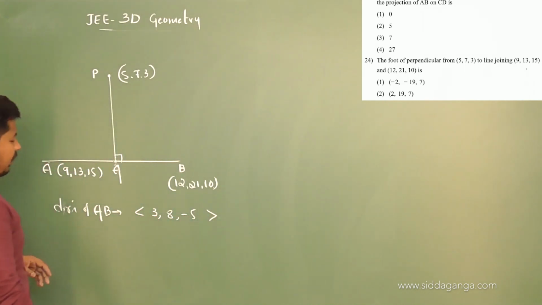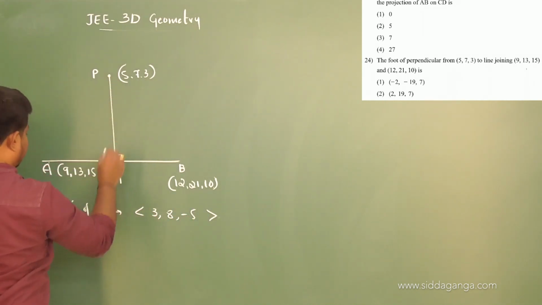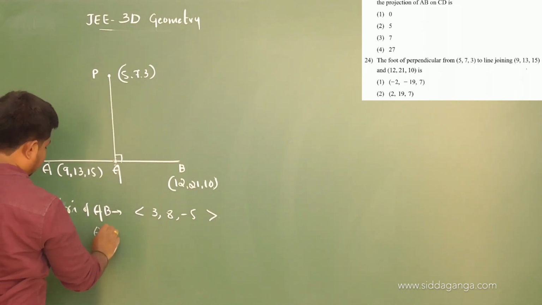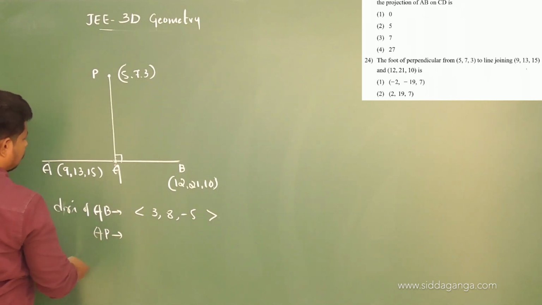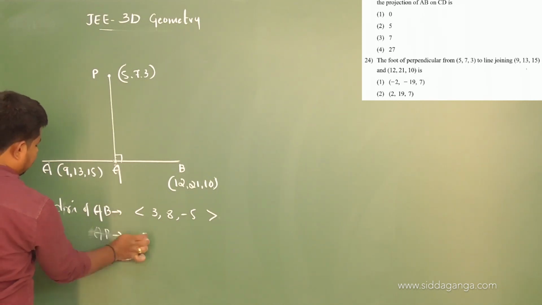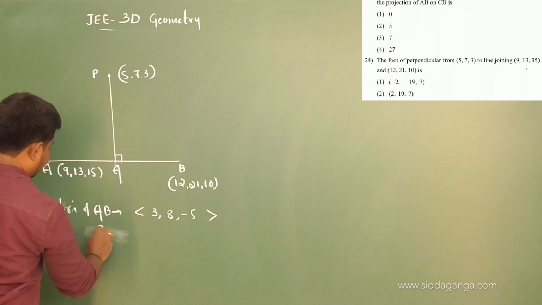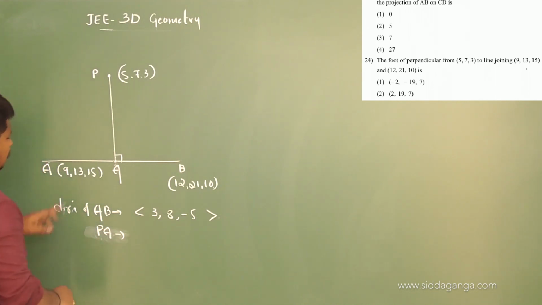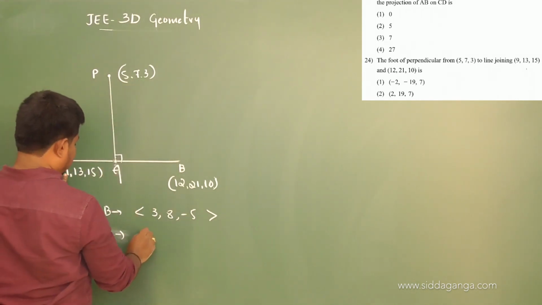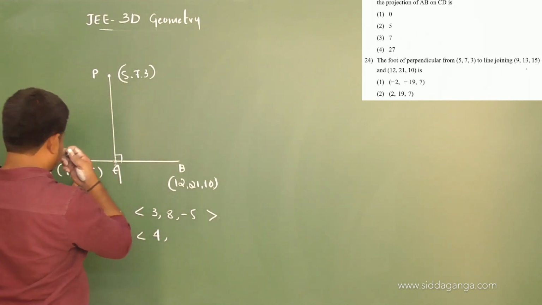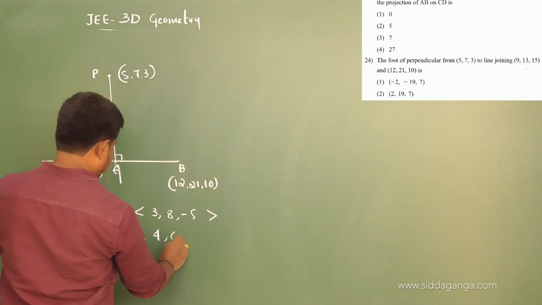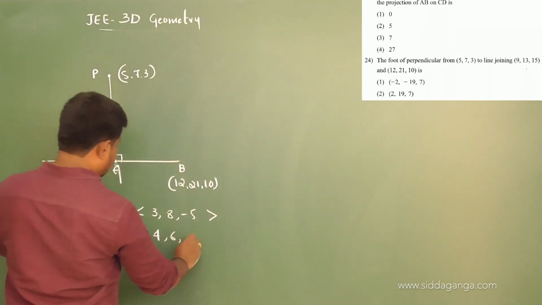These are the ratios of AB, and the ratios of PA: 9 minus 5, that is 4, 13 minus 7, so 6, 15 minus 3, that is 12.